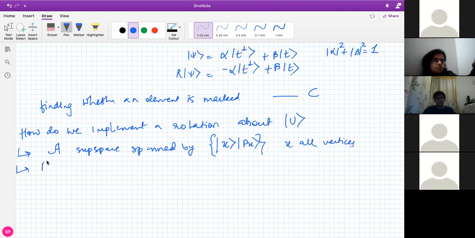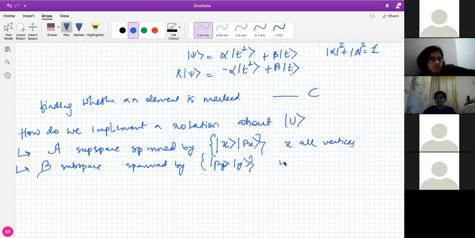And imagine this curly B is a subspace spanned by p_y and y, where y are all vertices. So you see the difference, right? This is spanned by x and superposition of its neighbors. Here it is superposition of y and then y.